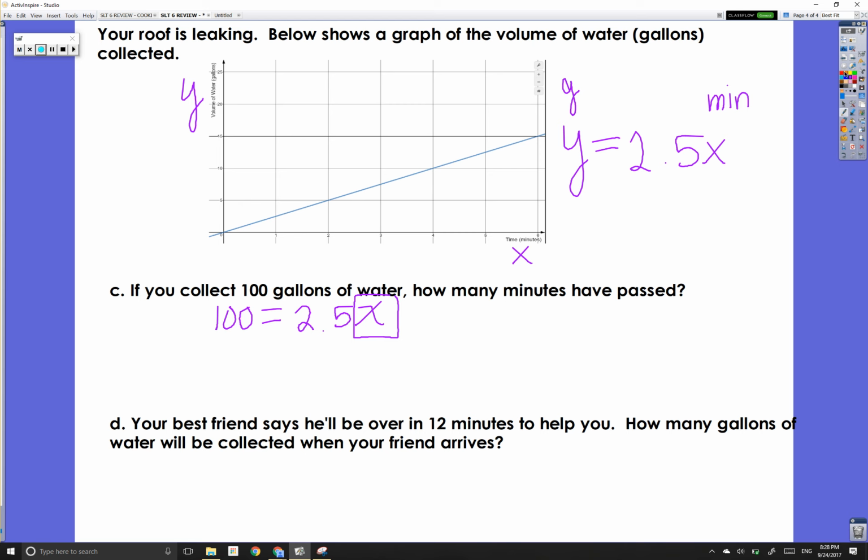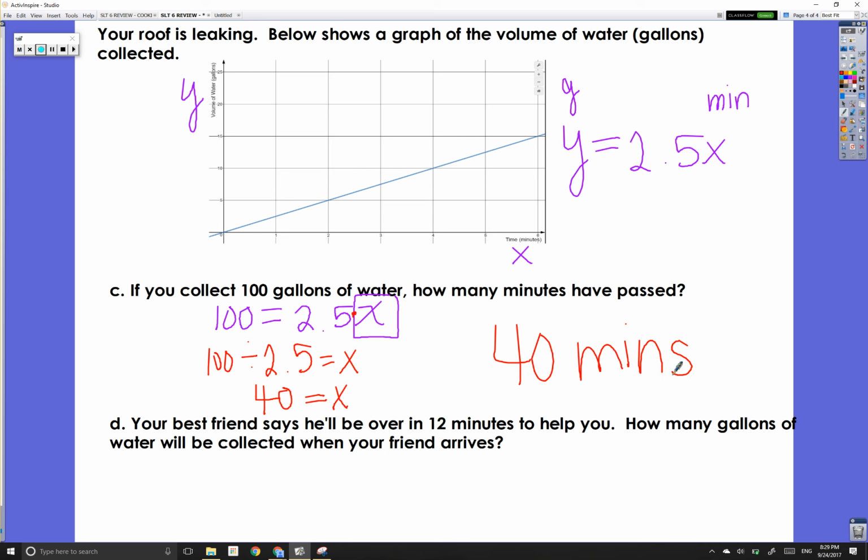So if we're working backwards, that's when we're going to use our inverse operations. The inverse of multiplying, which is what's happening over here in red, is dividing. And so we will do 100 divided by 2.5 to get our x value. And 100 divided by 2.5 gives us 40. So what is the answer? 40 minutes have passed.